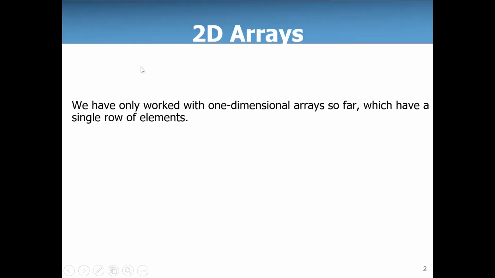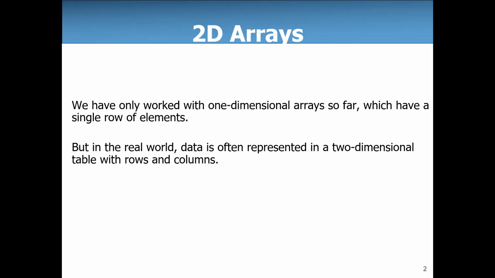So first, what we have to understand is the difference between a one-dimensional array and a two-dimensional array, which is 2D. We have only worked on one-dimensional arrays so far, which have a single row of elements. In a one-dimensional array, we have all elements on a single row, but that's not the case in a two-dimensional array.